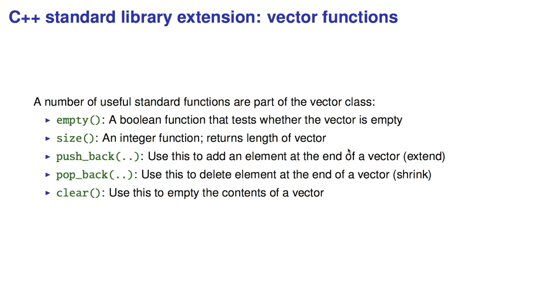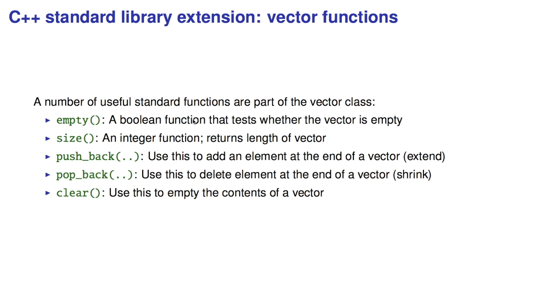Now, one of the reasons this is so useful is there are a number of library functions, and I'll just mention 5 of the most important ones. The first one is empty, which is a Boolean function that tests whether a vector is empty, and all of these act on an object of this type by putting a full stop and a name behind it. So it's .empty.